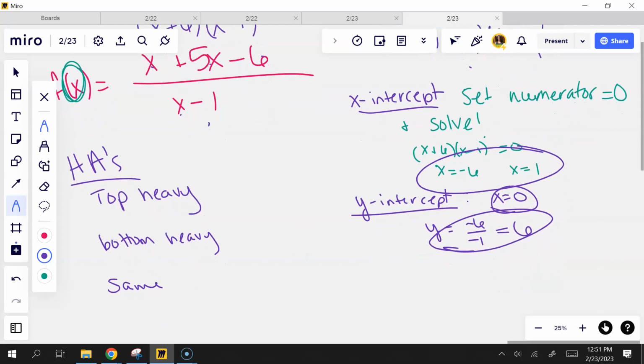I'm looking at the degree of the top as compared to the degree of the bottom. If the degree of the top is bigger than the degree of the bottom, I say it's top heavy, and that's just a little thing to help you remember. If it's top heavy, there's no horizontal asymptote.